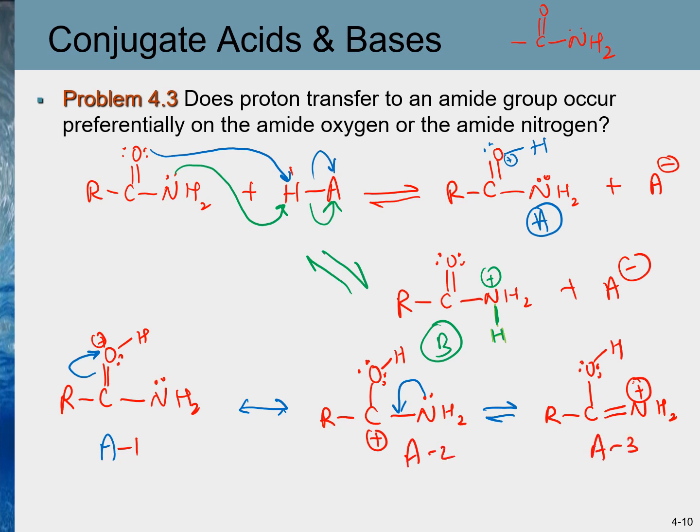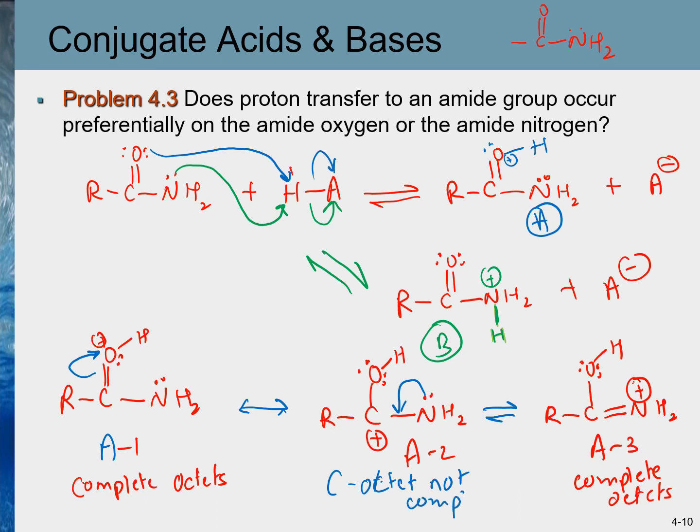In A1 and A3, they all have complete octets. However, in A2, carbon octet is not complete. This carbon.